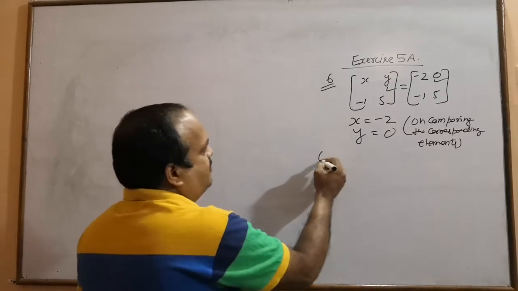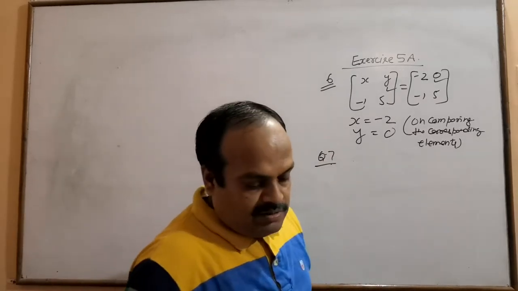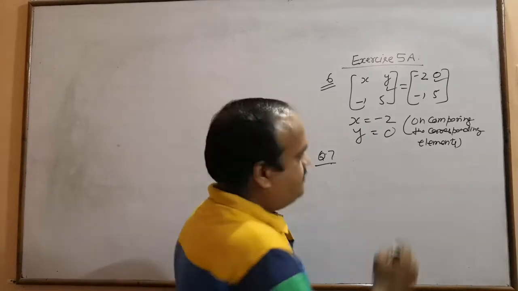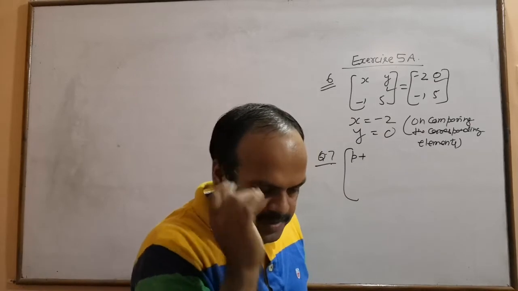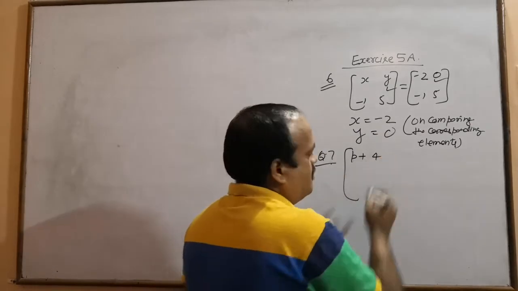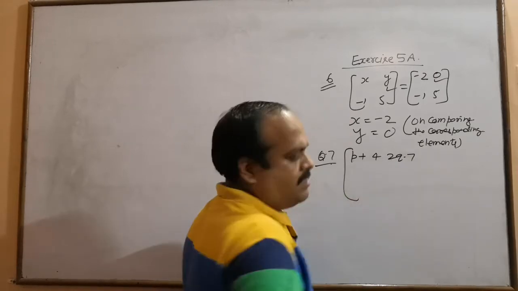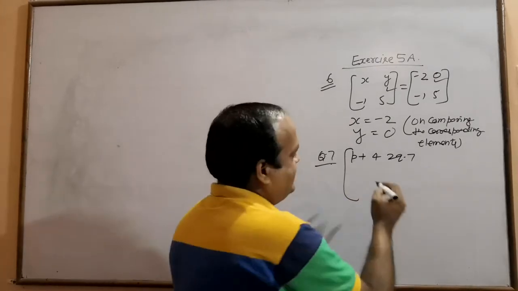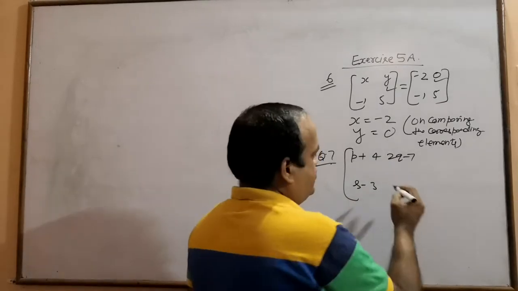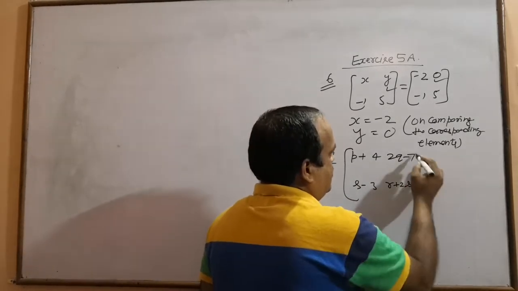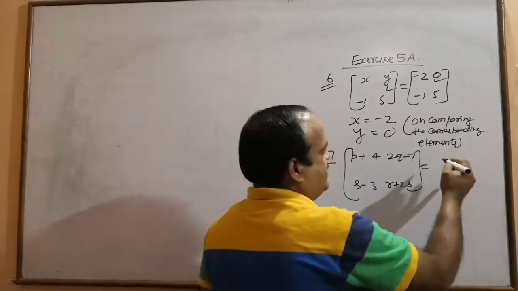Question number 7, second part you can do by yourself. Find the values of P, Q, R and S if P plus 4, 2Q minus 7, S minus 3, R plus 2S is the same as 6, 2 minus 3, 14.